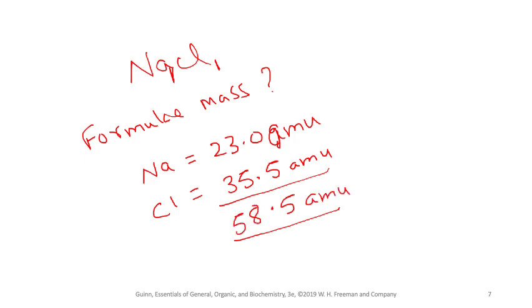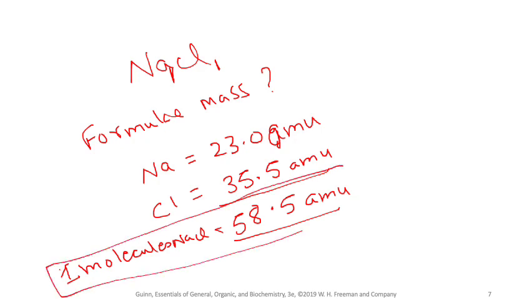So I can say 1 molecule of NaCl is equal to 58.5 AMU, and this is the formula mass of NaCl, not the molecular mass. Remember this. So this is how, from all the examples that we did, you can easily calculate the molecular mass as well as the formula mass of the given molecule.